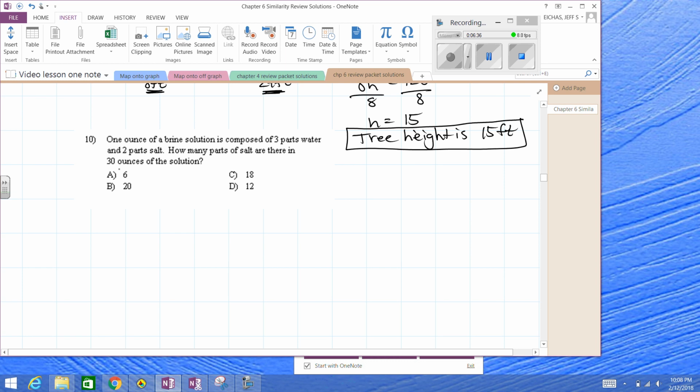Interesting. So they went with 30 ounces of the entire solution. The solution is broken up into 3 parts water to every 2 parts salt. Salt is all we want. I usually do this with a scale factor. If we add these together, the total is going to be 5 parts.